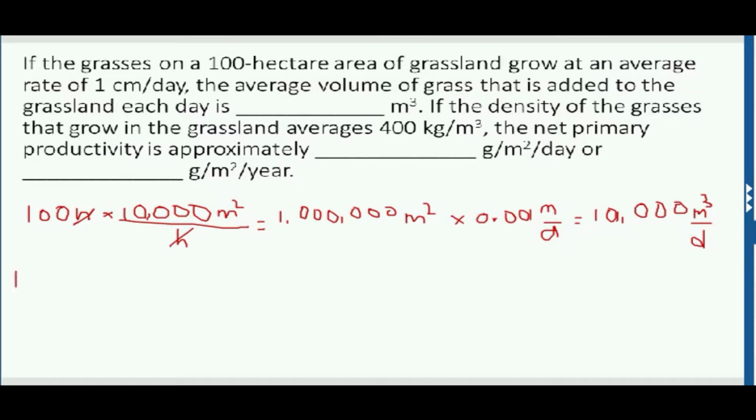So then we're going to take that 10,000 meters cubed and figure out the net primary productivity. So we have 10,000 meters cubed per day, and then we need to multiply that by this 400 kilograms, so this should be kilograms.